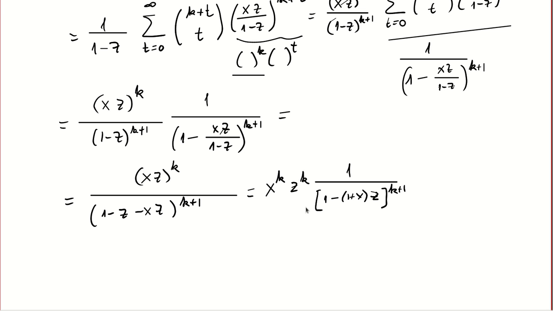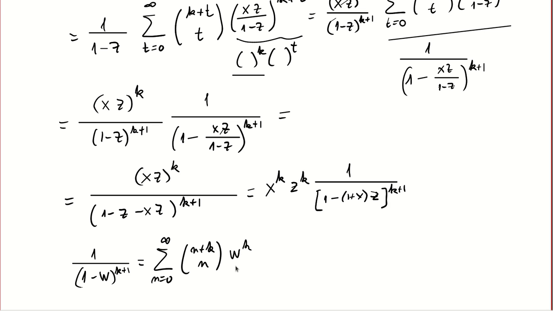It depends on k. But now it has a very nice form to expand, because we know the expansion of this. If we have this function, we can easily expand it like this. This is the sum from n equal to 0 to infinity of (n plus k over n) w to the n, right? Instead of w, what you have is this.